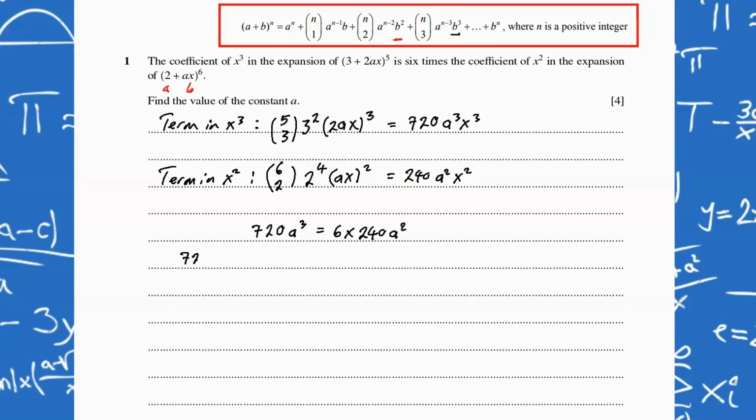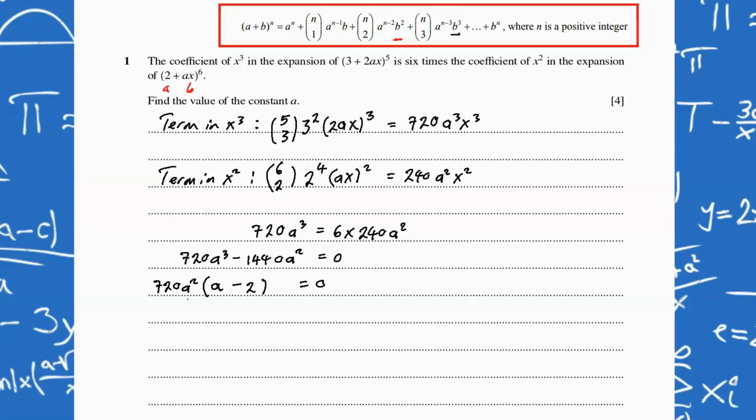So it's basically 720a cubed minus 6 times 240, which is 1440a squared, and that's equal to 0. I'll factor out 720a squared, which will give us a times (a minus 2), and that's all equal to 0.